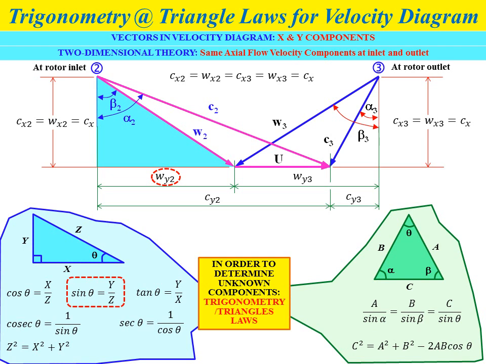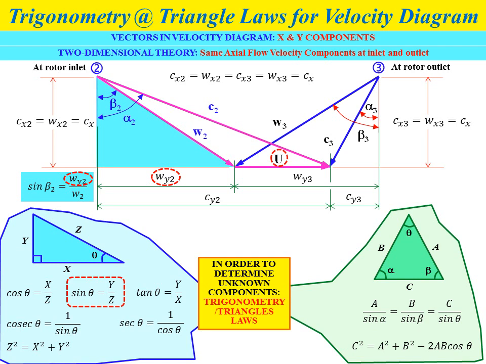Based on the trigonometry equations, we can use sin theta equals y over z, where, referring to the velocity diagram involving Wy2, sin beta 2 equals Wy2 divided by W2. So we have the component Wy2 inside the equation, and from the equation we can determine the value of Wy2.